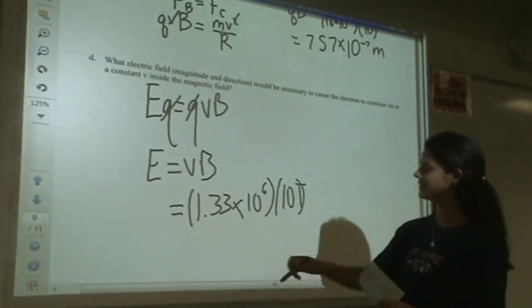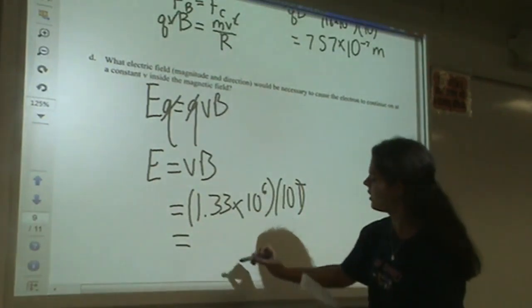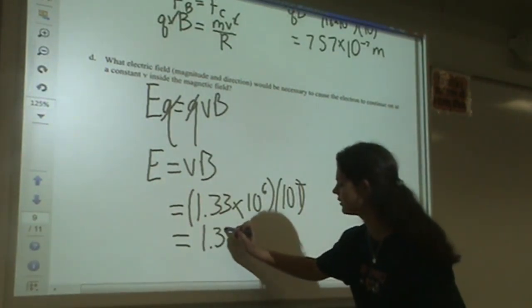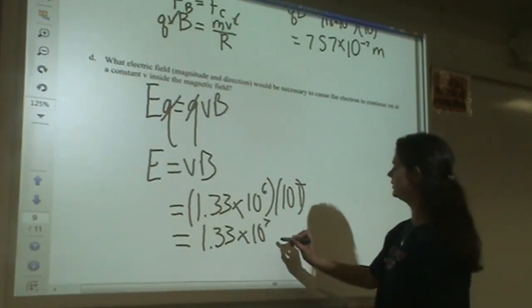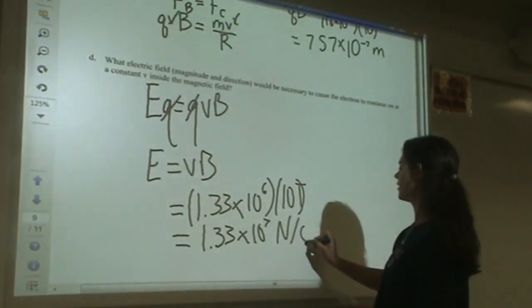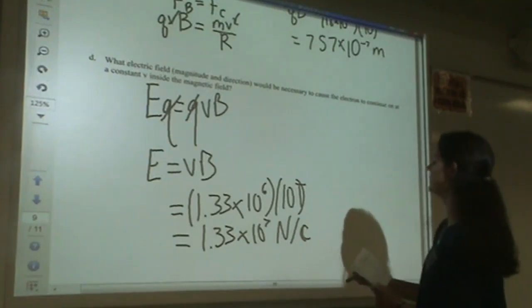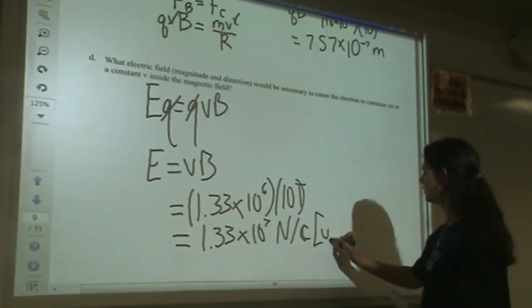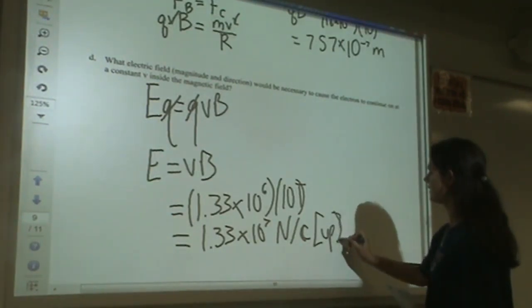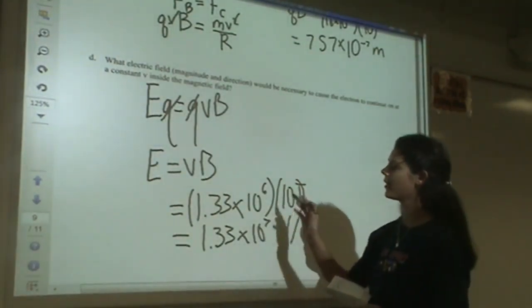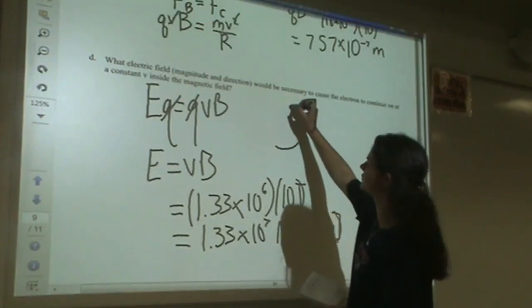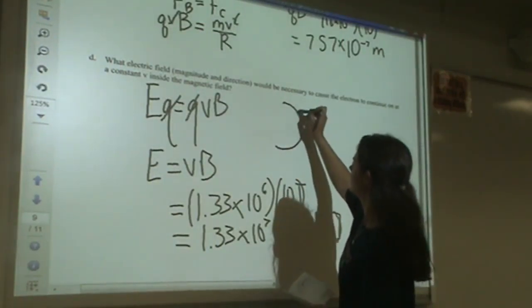And then our answer comes out to be 1.33 times 10 to the 7th newtons per coulomb. And our direction would be up, because as I showed you in the graph, the particle's path was an upward circular motion, so the force will be going up.